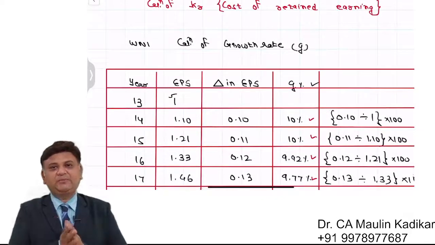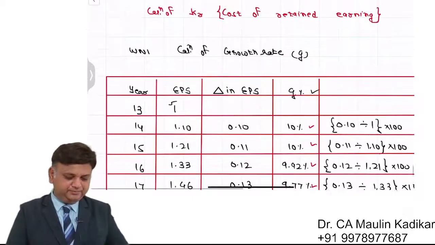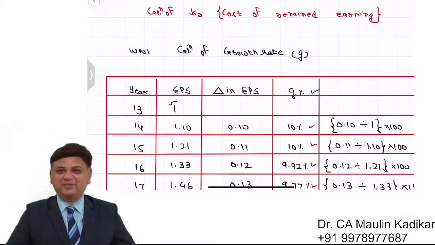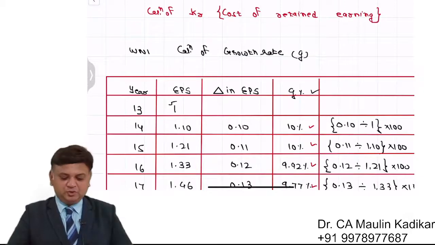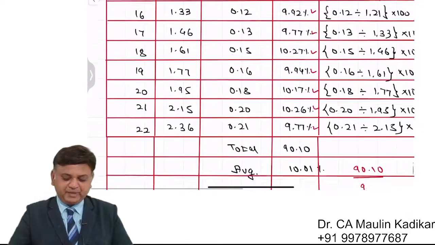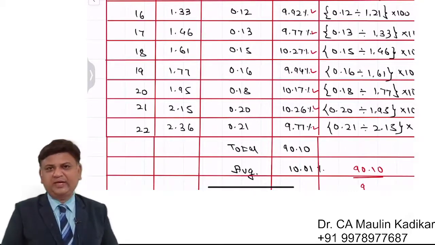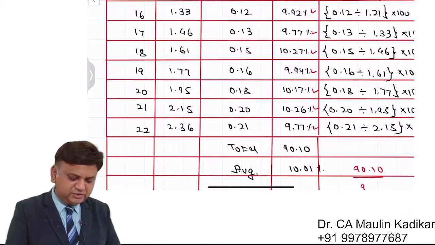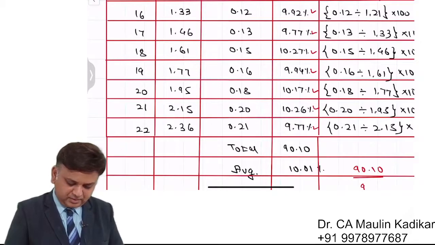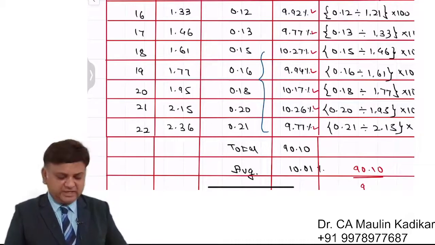And then we make the computation of the cost of retained earning. We have done very detailed working, wherein we have computed growth rate for 9 times. But doing for 9 times is really not required. If at all you take 4 or 5 years is also acceptable. Suppose you are doing it for 5 years, just an assumed value.